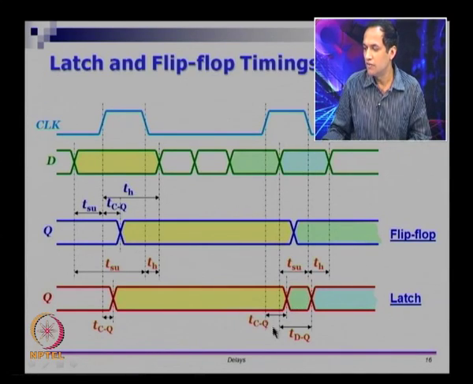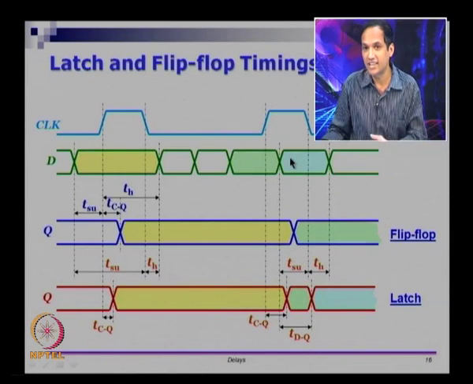So, the difference between clock to Q is the data was kept constant, the clock changed, that is C to Q delay, and now the clock is remaining stable at 1, the latch is enabled, you are changing Q. At this point it does not make sense to go and measure clock to Q. Now, you should measure D to Q because data is changing, the latch enable is kept constant. So, you measure D to Q.